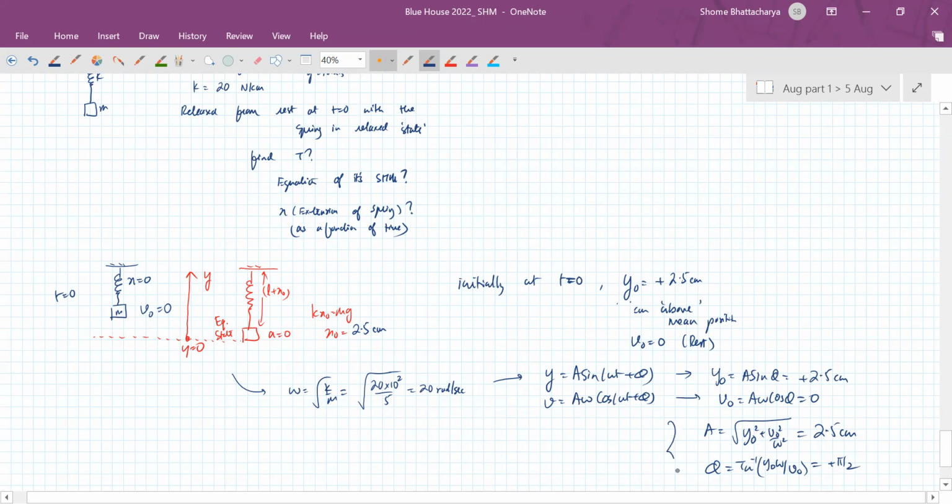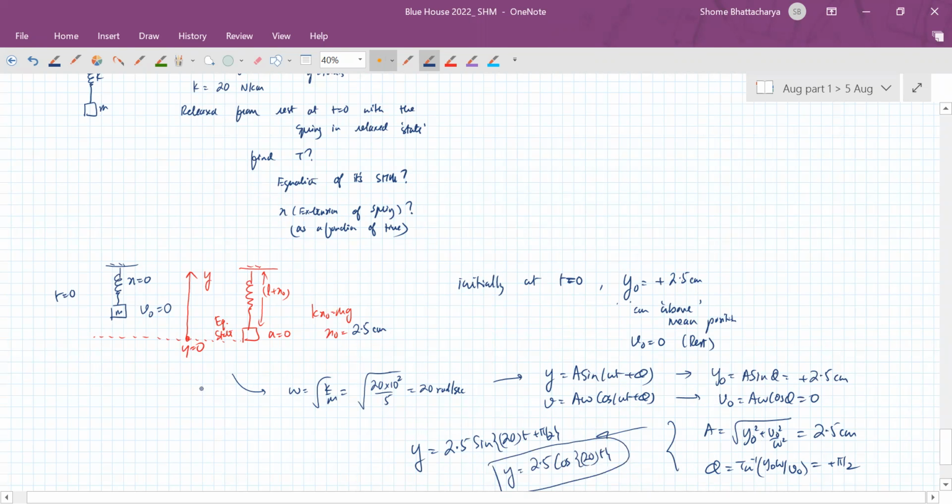So from that we are getting our equation of SHM as y is equal to 2.5 sine of 20t plus pi by 2, or y is equal to 2.5 cos 20t. This is my y as a function of time.